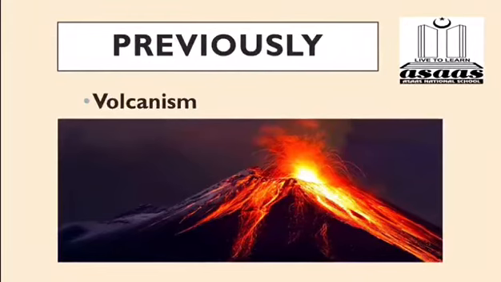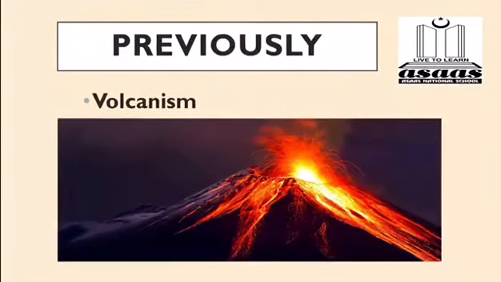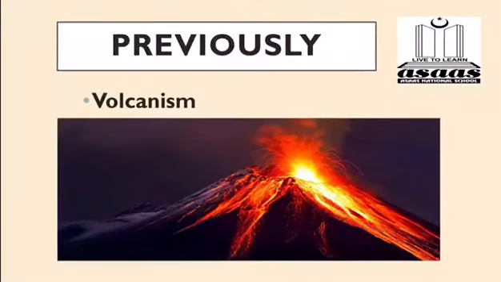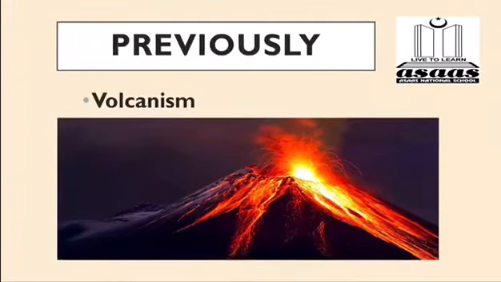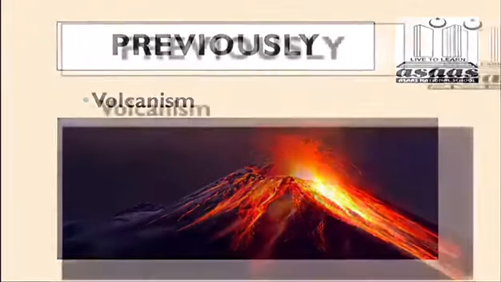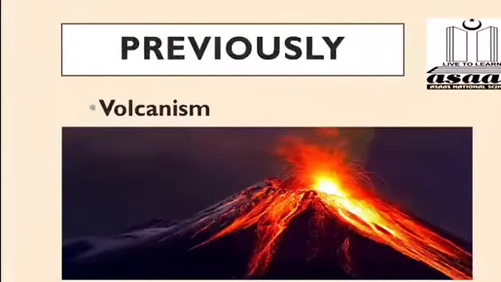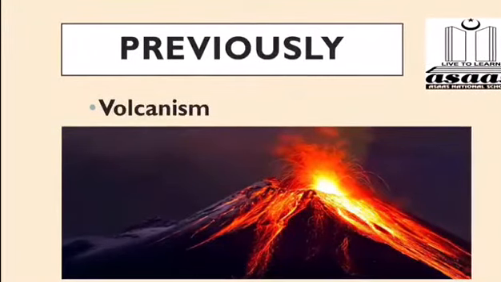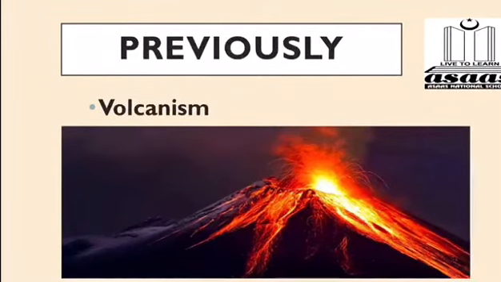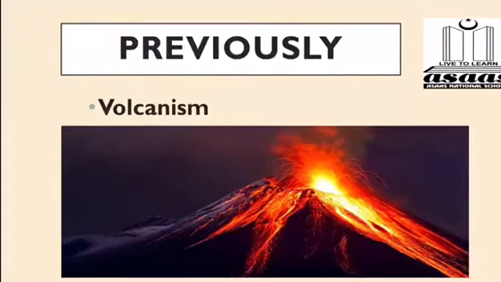Then I also talked about different kinds of volcanoes based on the activity: active volcanoes, dormant volcanoes and extinct volcanoes. Extinct volcanoes are those which are no longer active or have not erupted in 10,000 years or in historical times, and active volcanoes are those which erupt at regular intervals.